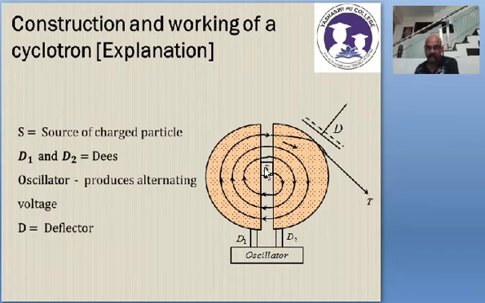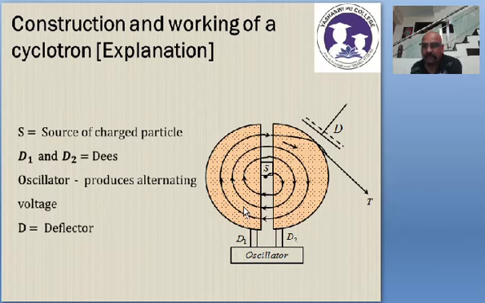Now please listen to what happens here. S is the source of the charged particle, that means it keeps giving you charged particles. Imagine right now it gives you one charged particle. This charged particle gets attracted by D2, because D1 and D2 are both connected to the oscillator.